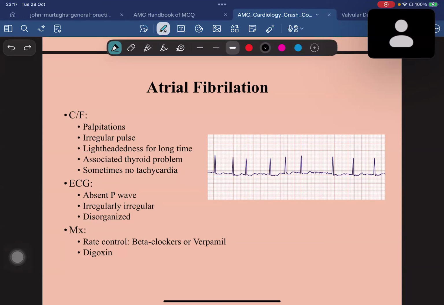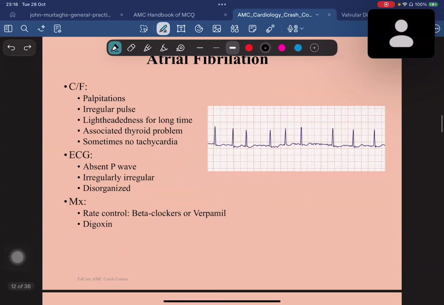You can see there's no P wave, and also you can see it's irregularly irregular. It's not even regular. So that is one thing to remember in atrial fibrillation, and it's pretty disorganized if you look at the ECG. What you would do in atrial fibrillation is try to control the rate.